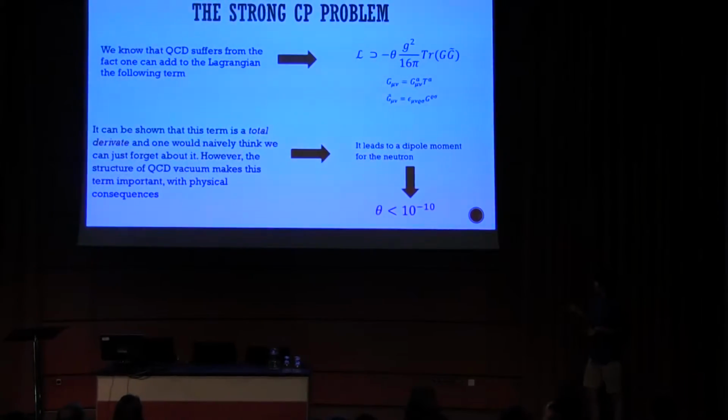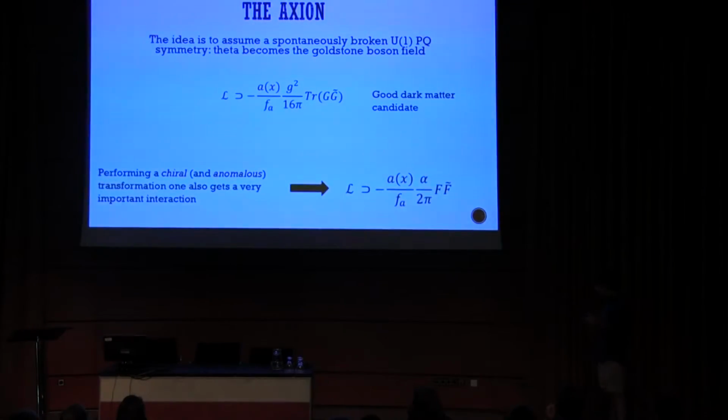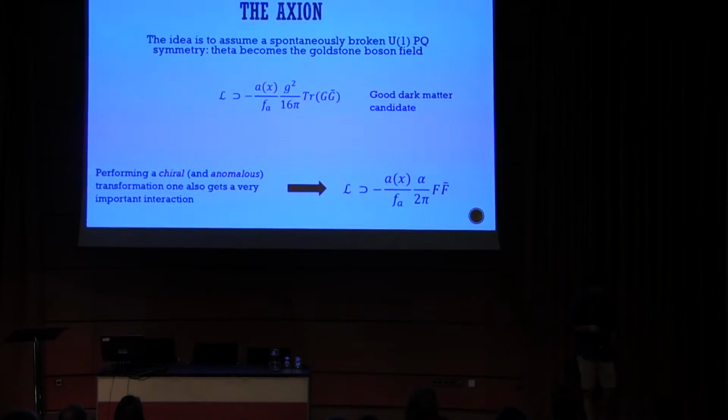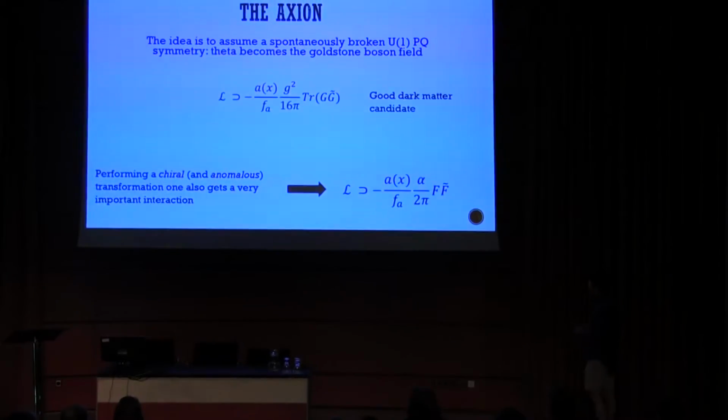A very elegant solution to this is the axion, at least in my opinion. The idea is that you introduce a new symmetry that is broken, the U(1) global Peccei-Quinn symmetry, and then the theta term is promoted to a dynamical field, the axion. That is a pseudo-Goldstone boson that turns out quite easily to be a very good dark matter candidate.